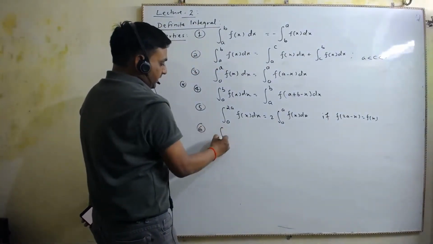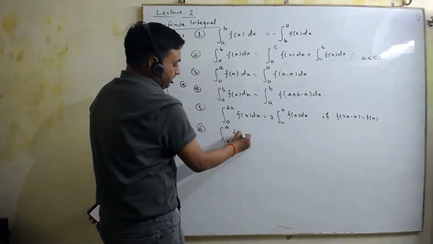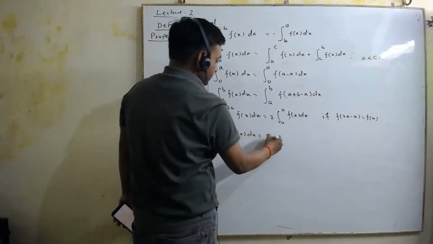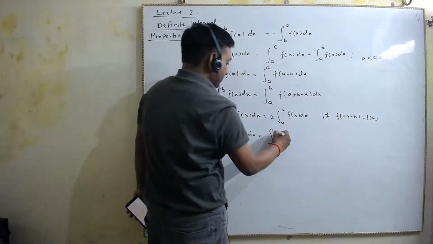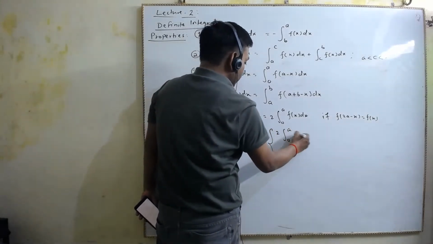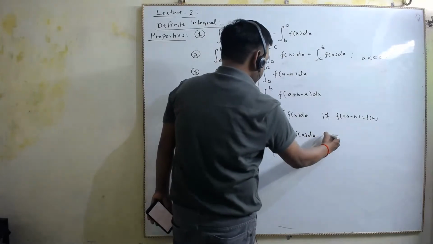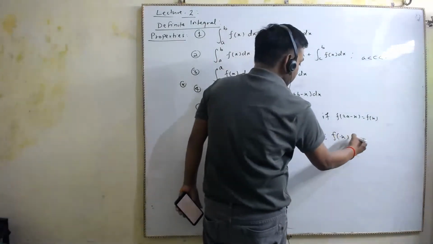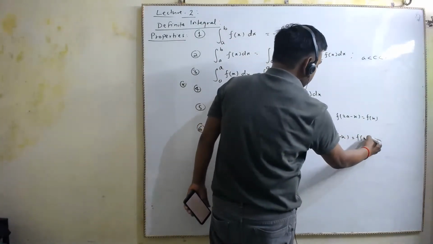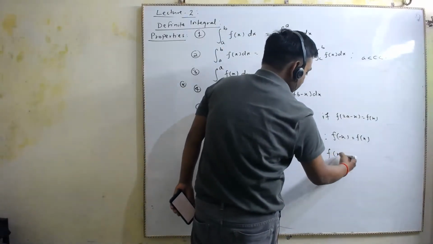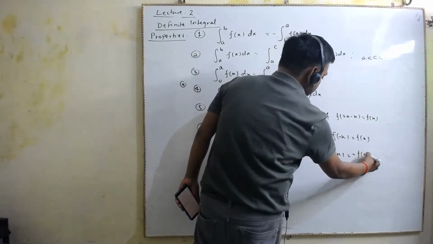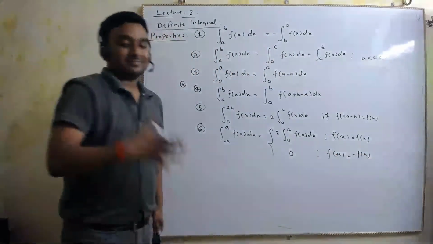The next property is integral from minus a to a of f of x dx. It has two possible values. The first is 2 times integral from 0 to a of f of x dx if f of minus x equals f of x, and it becomes 0 if f of minus x equals minus f of x.